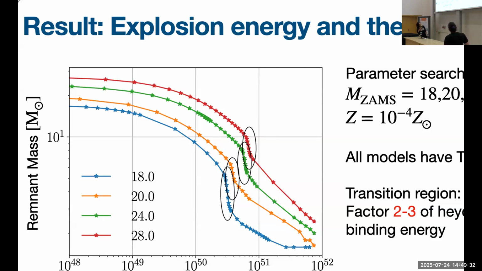But this progenitor has a big binding energy of the hydrogen envelope, approximately 10 to 50 erg. So this transition region is positioned at about 10 to 50 erg, but in solar metallicity, it will come to 10 to 48 erg. So is it okay?